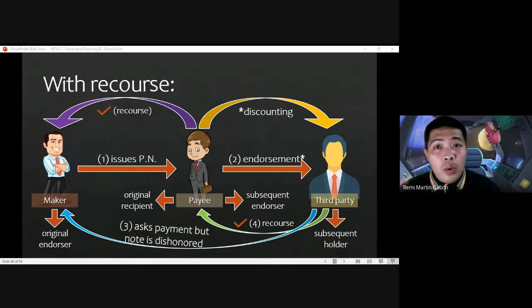Paano kaya kung i-dishonor ni maker? So sige, kung i-dishonor ni maker, pwede akong habulin ulit or pwedeng pumunta sa akin si third party para singilin ako for payment. I am willing to pay. In fact, pag siningil niya ako, pwede ko namang singilin ulit si maker. Nagagets ako, guys?